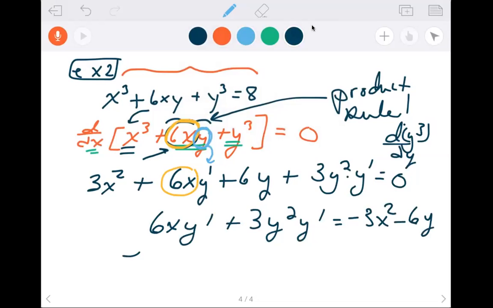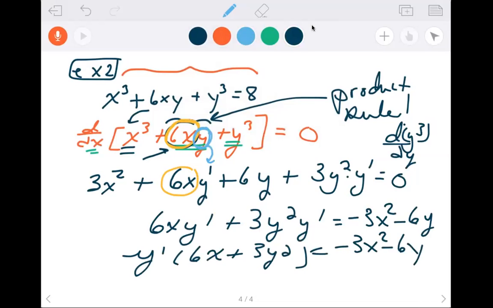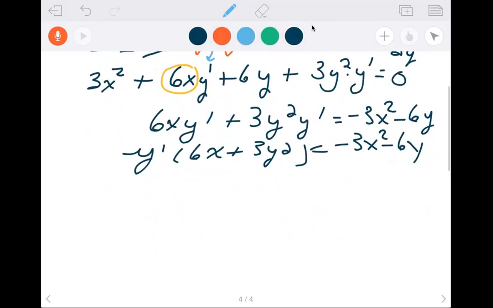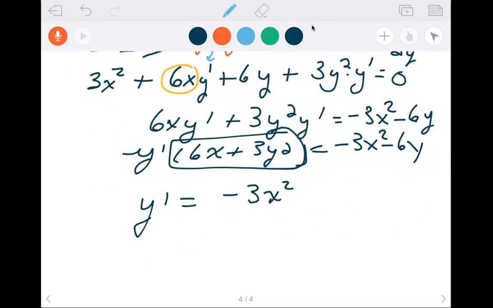Next, I factor the y prime out of the terms on the left. I leave the right intact. Lastly, I divide both sides by what's in the way. So I'd have a negative 3x squared minus 6y over 6x plus 3y squared.